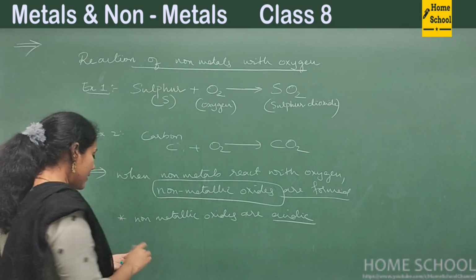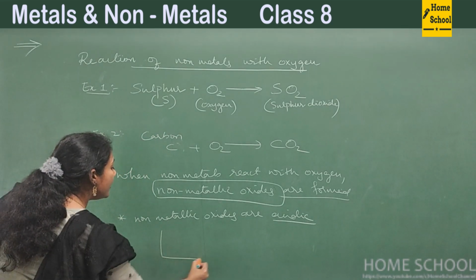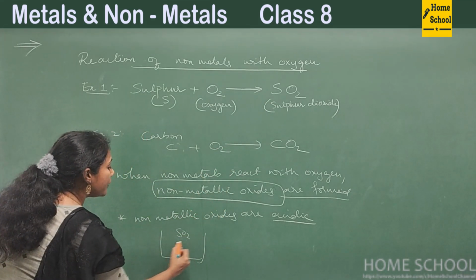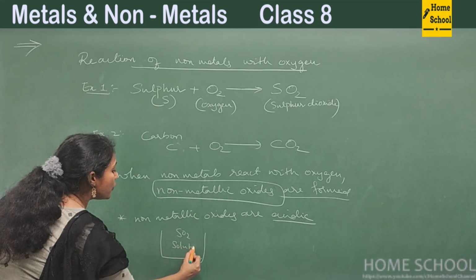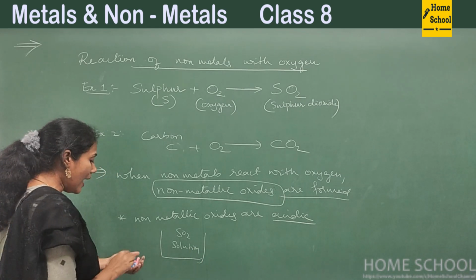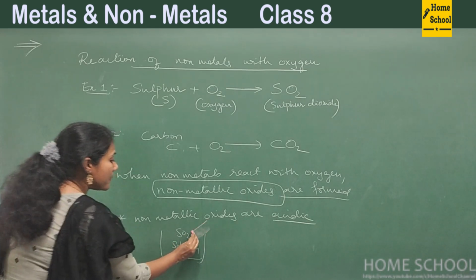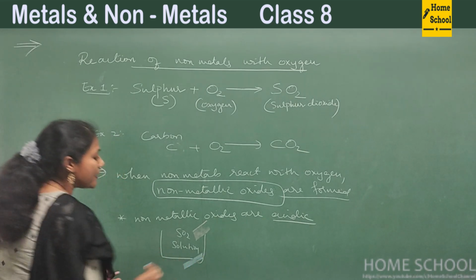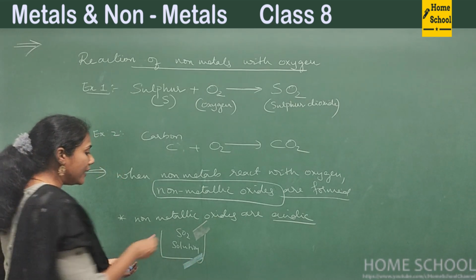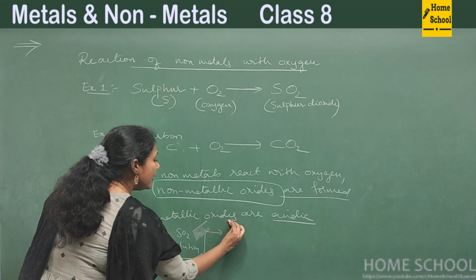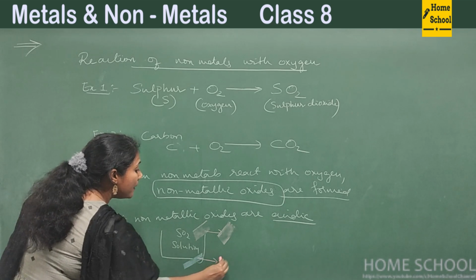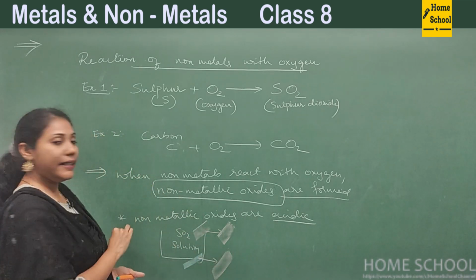Say for example, in a beaker, I took sulfur dioxide solution. I will dip red litmus paper, and I will also dip blue litmus paper. Red litmus paper remains red only. Blue litmus paper gets converted into red.